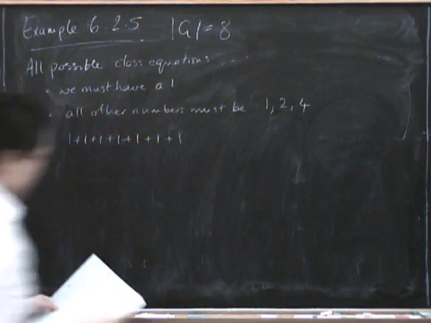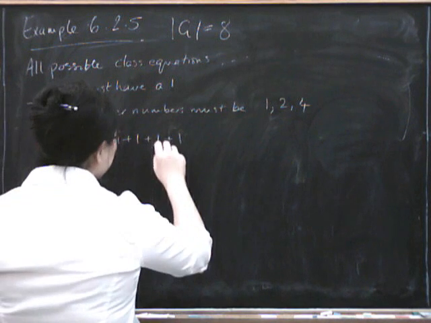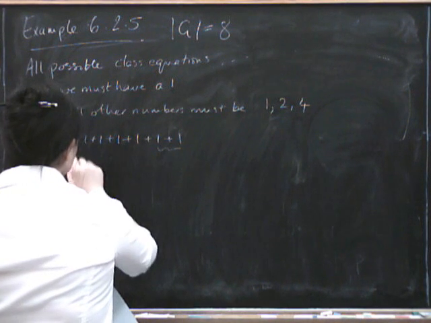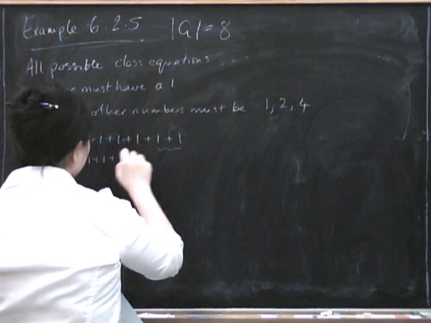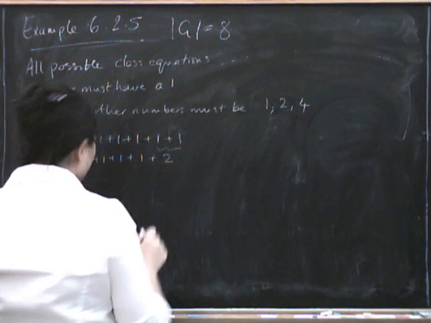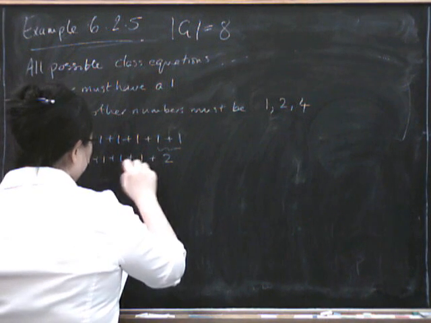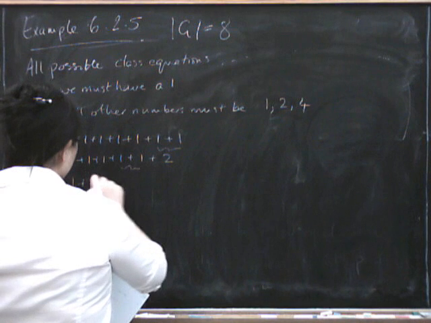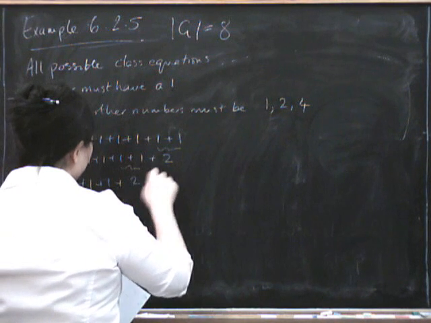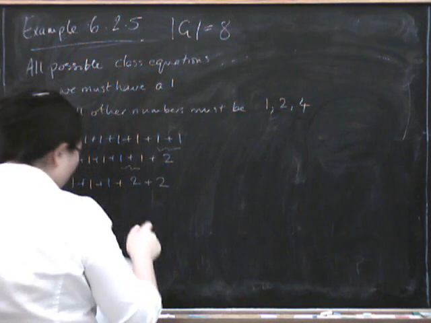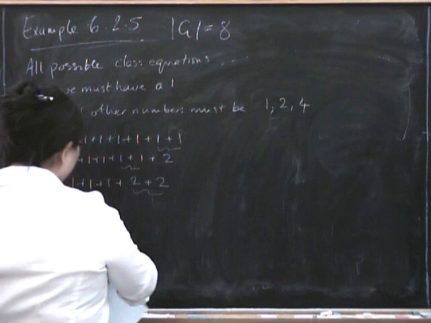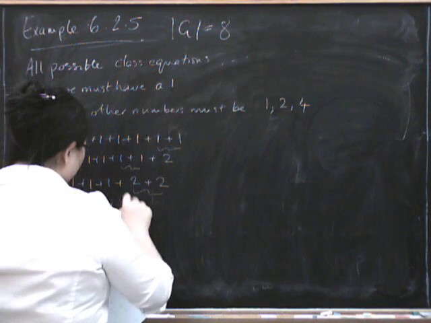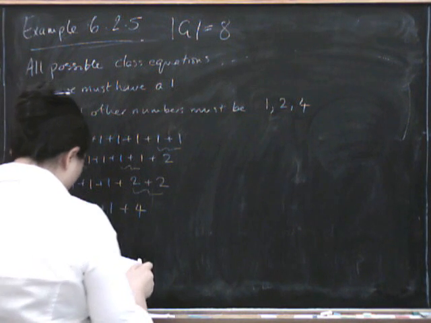So now let's try and do this systematically again. We could turn these last two into a 2: 1 plus 1 plus 1 plus 1 plus 1 plus 2. We could now also turn these two into a 2, 2 plus 2. We can now turn these last two into a 4, 1 plus 4.